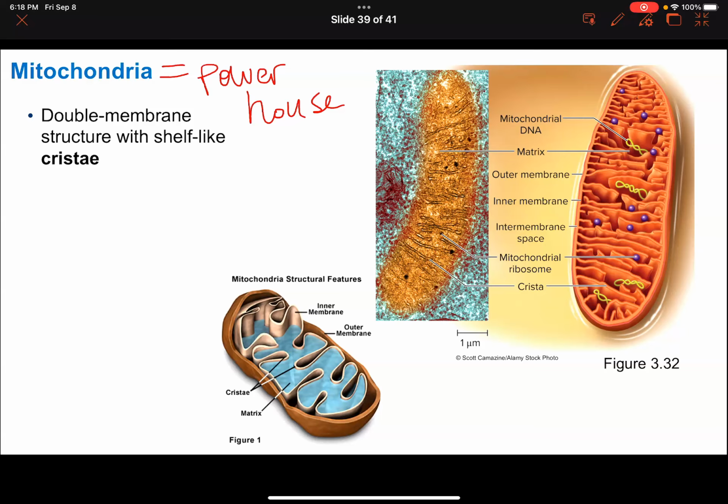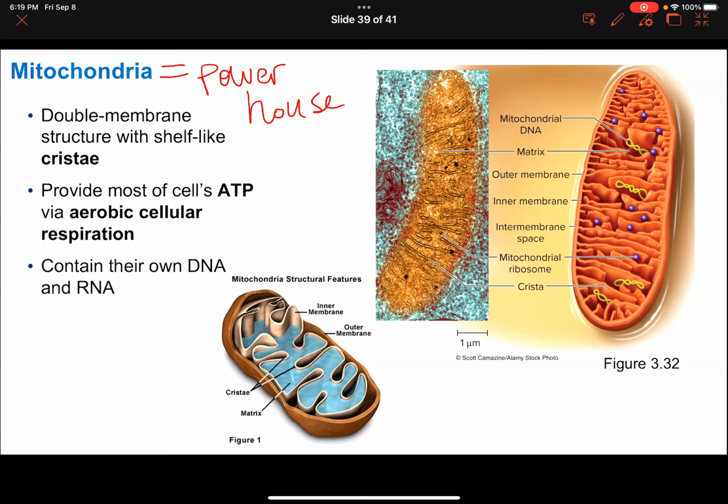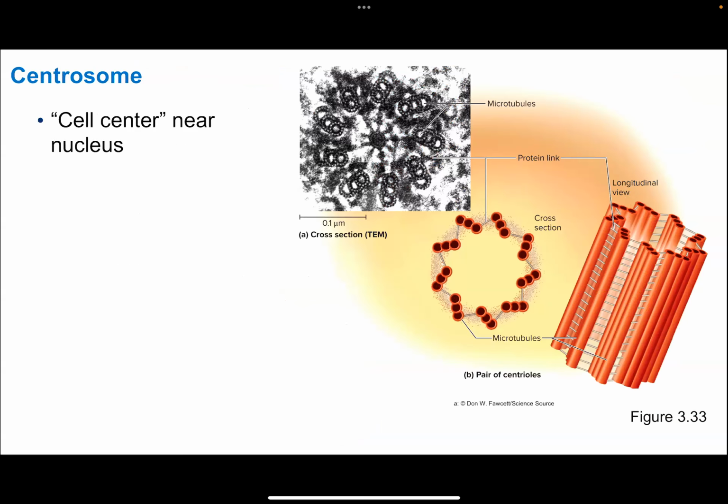So this is a double membrane structure. It looks kind of funny with all of these infoldings that are called cristae. Again, this is going to provide most of the cell's ATP through aerobic cellular respiration. And mitochondria are so busy making ATP and so important, they actually have their own DNA and RNA.